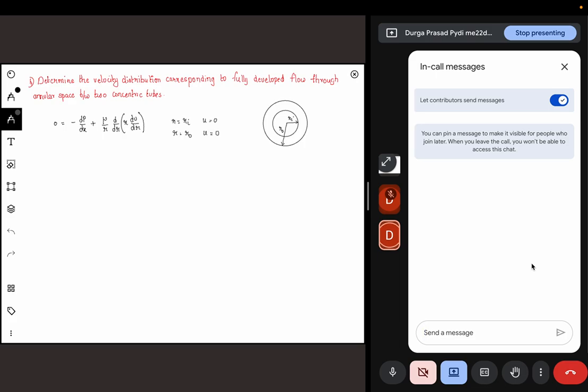You can assume dp/dx to be constant. That is another assumption that we are taking, that the pressure gradient that you are imposing is constant.